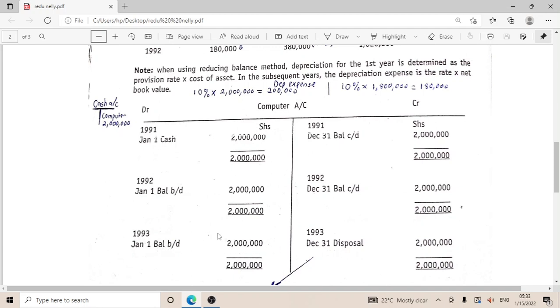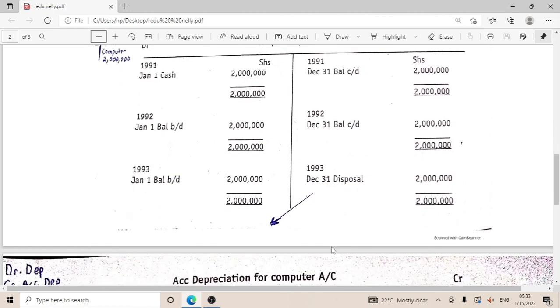Once this is your 2 million, you know that on 31st December 1993 is when they disposed of this asset. So you go on the credit side, and since it's our year of disposal, you say 31st December disposal of the asset, which is 2 million.